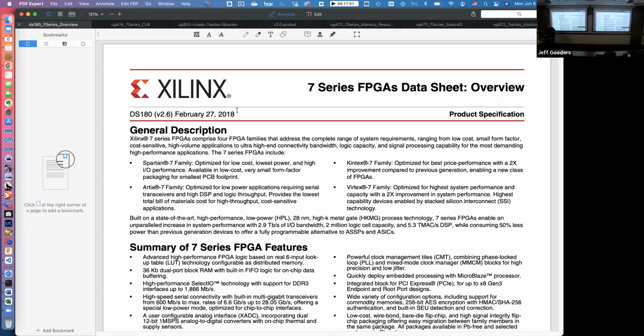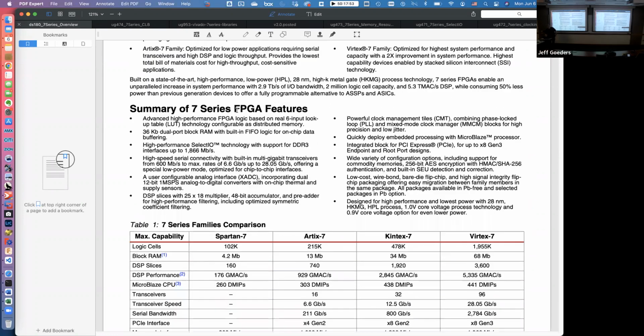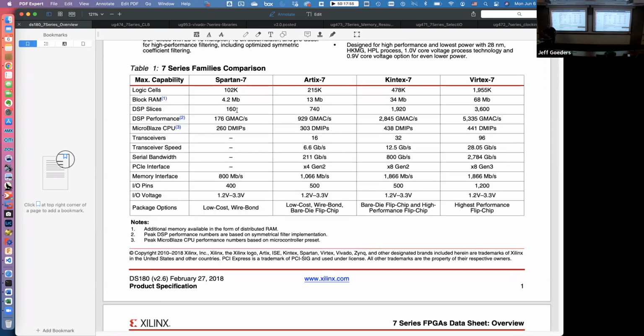Okay, all I wanted to show in this one is let's just go look at a typical family comparison and how they describe their families. So as we can see here, they say, well, let's look at Artix 7. This is what we're interested in, the second column. And they say, okay, we have 215,000 logic cells. Who remembers what a logic cell or a logic element was from Dr. Goders' lecture?